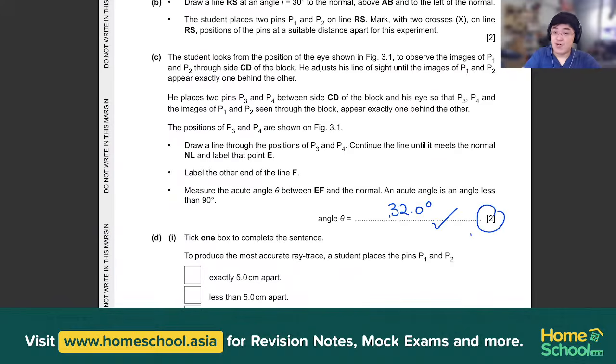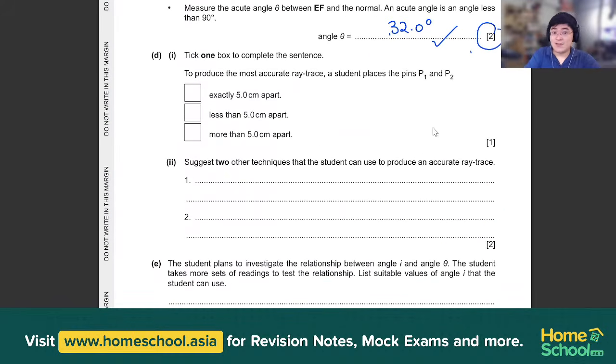So, of course, we want the 2 pins P1 and P2 to be more than 5 cm apart. We take this. Taking this gets you your 1 mark. All clear?